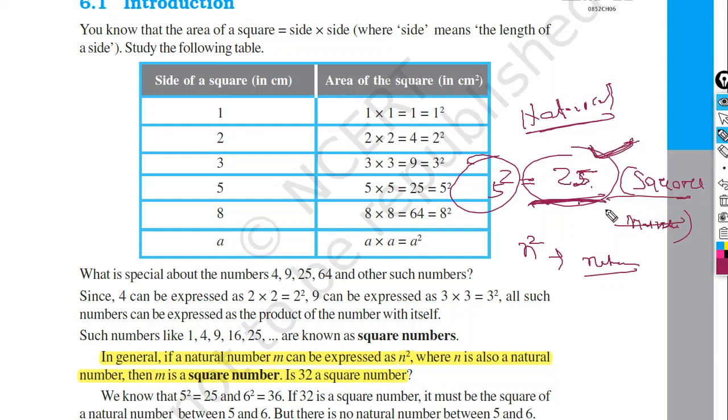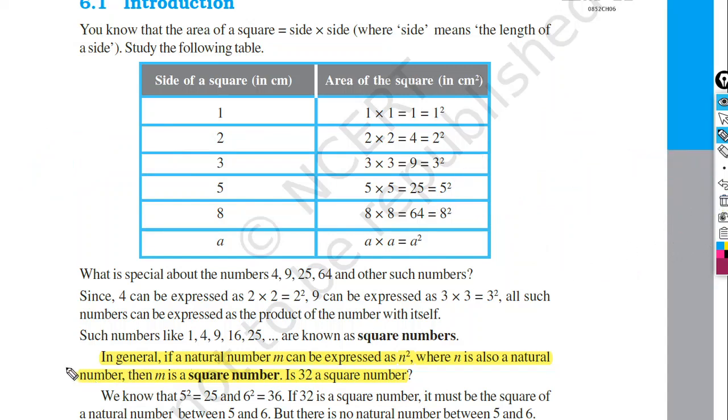So any number that can be written in the form of m square, where m is a natural number, can be called a square number. So now we know what a square number is.